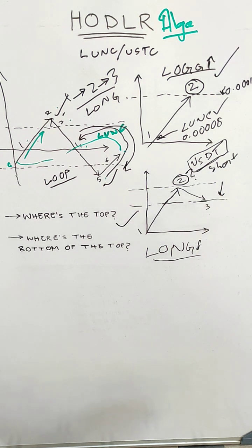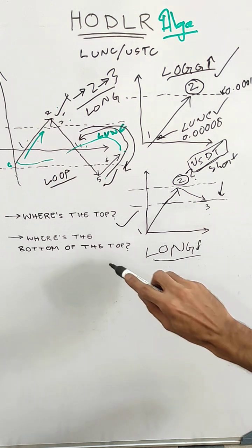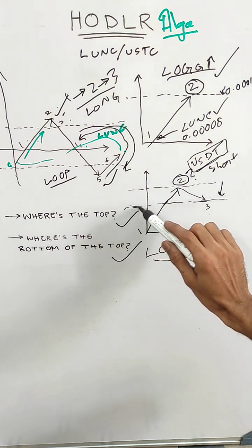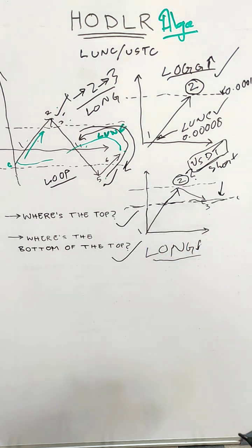So the way that the algorithm knows what the top is and when to actually exit is by checking when the bottom of the top is. So this is actually the bottom of the top. Now how do you know what the bottom of the top is?